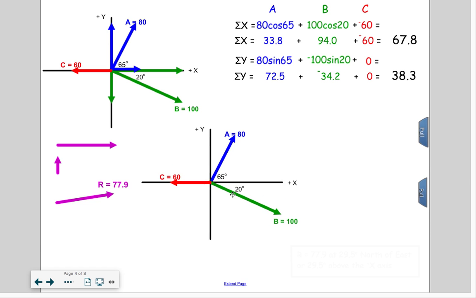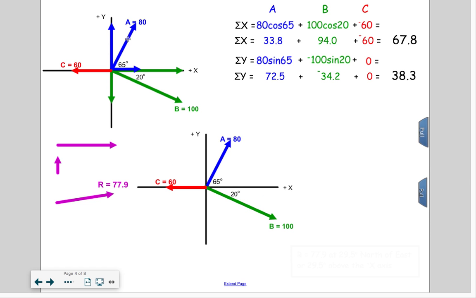Okay. So ultimately what's happening here, if I wanted to add these tip to tail like I was mentioning before, I can't move those ones. Okay. If I want to add these tip to tail, ultimately it doesn't matter where you add them from. So if I was to add that vector there and add this vector here, then I could create my resultant by going from, once again, where I started to where I ended, and check that out.